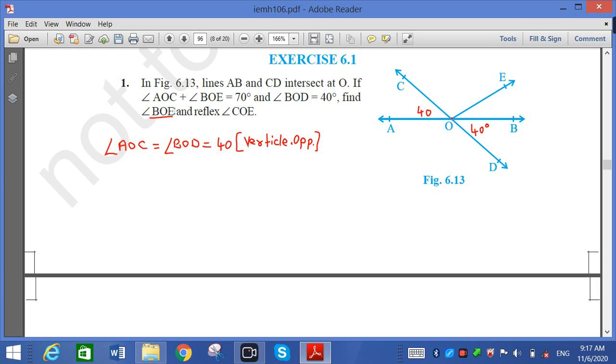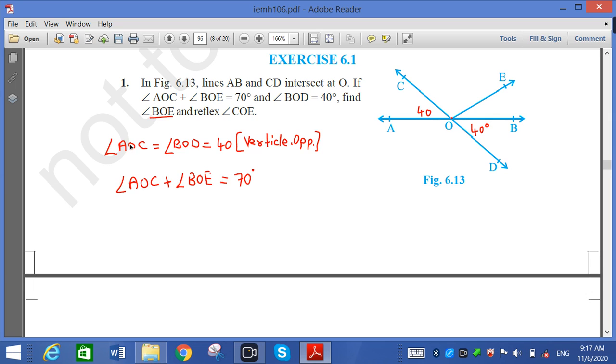So now AOC is 40, therefore we can find out BOE easily. AOC plus BOE is given as 70.